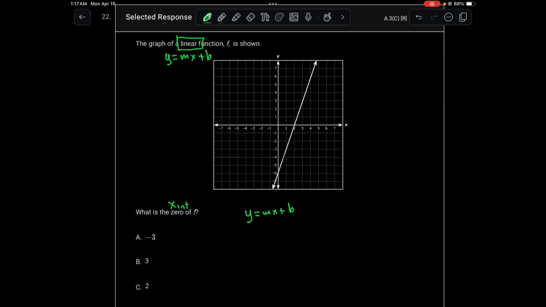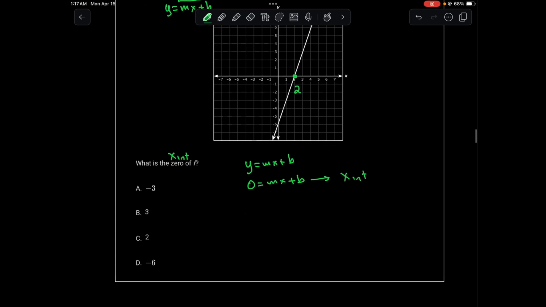To find the x-intercept, you have to set y equals 0, and then if you solve this equation, you find the x-intercept. Because we set y equals 0 to find the x-intercept, we call the x-intercept the 0 of the function. What's the x-intercept? Well, it's right there, and it's 2. And it's option C. So maybe they're testing whether I know the name of the x-intercept and whether I can read a graph.